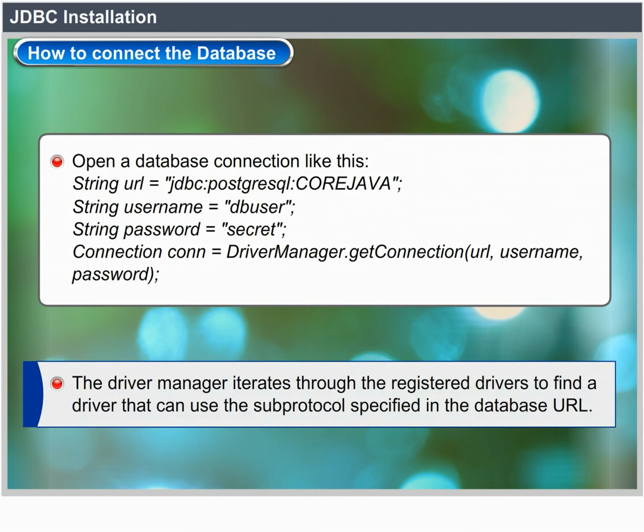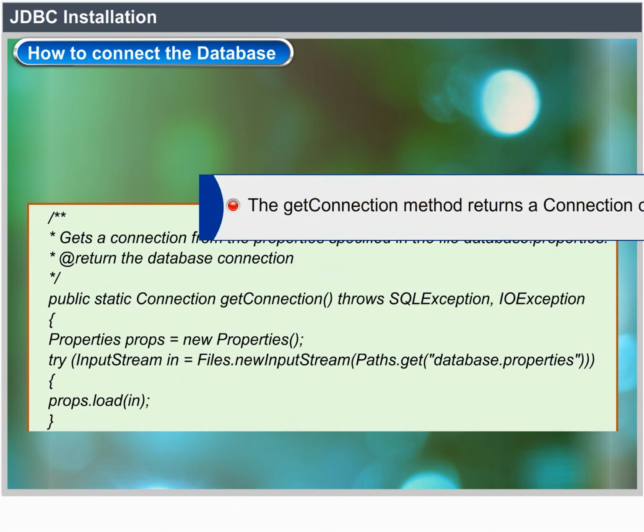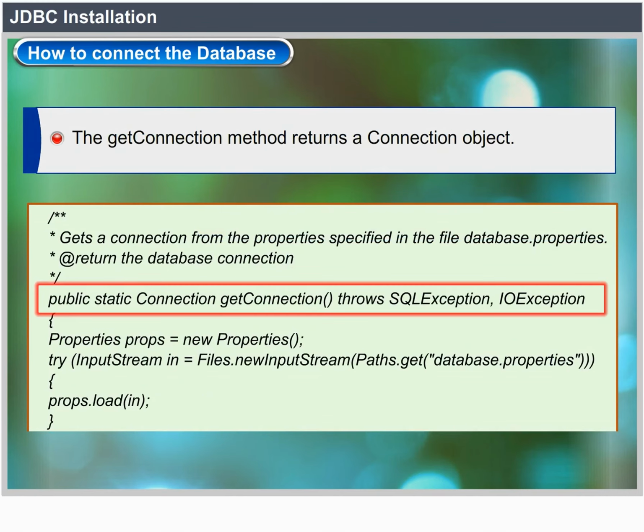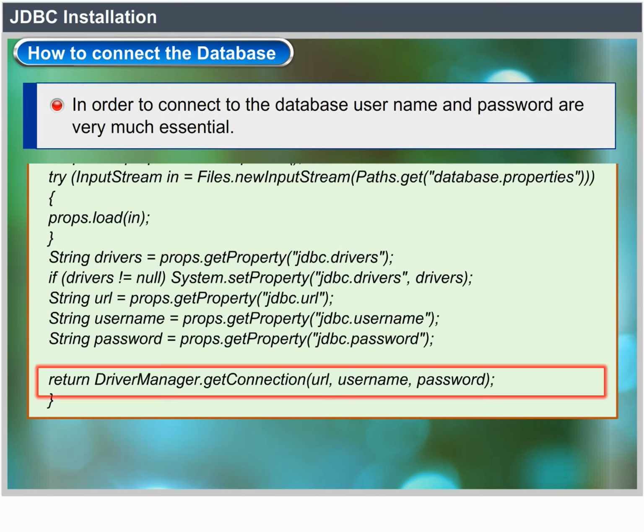The driver manager iterates through the registered drivers to find a driver that can use the subprotocol specified in the database URL. The getConnection method returns a connection object. In order to connect to the database, the username and password are essential.